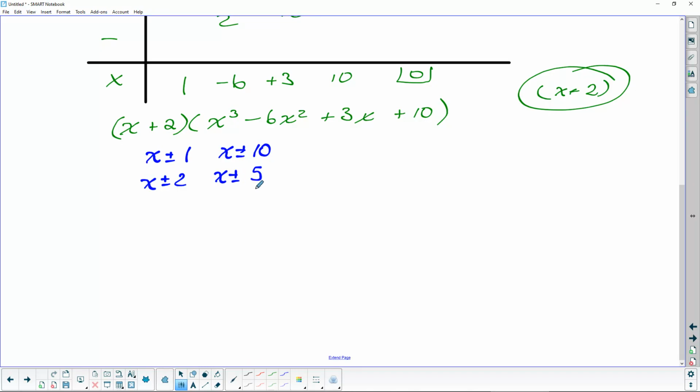So there's only 8 for this one, right? Because there's 1 times 10 and 2 times 5 for the 10s. All right, so we got x plus 2 already. What are we going to pick? We don't have to pick 4s because there's no more 4s.